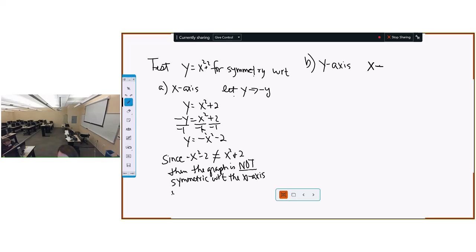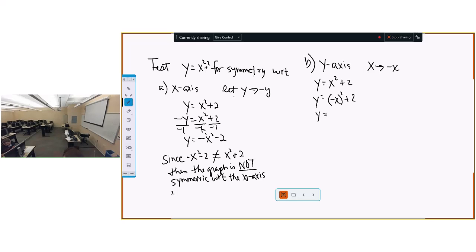So that says I'm going to let x go to a negative x. We start with the original equation, y equals x squared plus 2. I'm going to let x become a negative x, so that's y equals, I have to put it in parentheses, negative x, squared, plus 2.